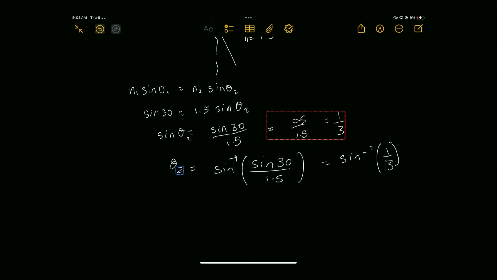Right. So that was question 2. Now question 3. What is the focal point of a lens? So the focal point of a converging lens is the point at which parallel light rays incident on the lens converge.